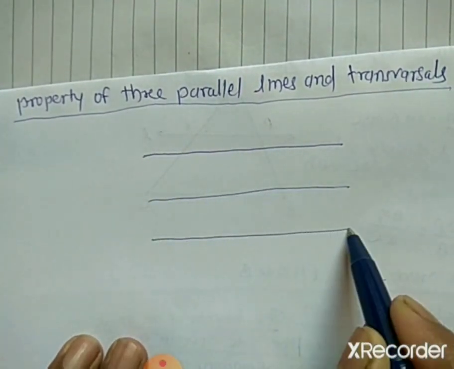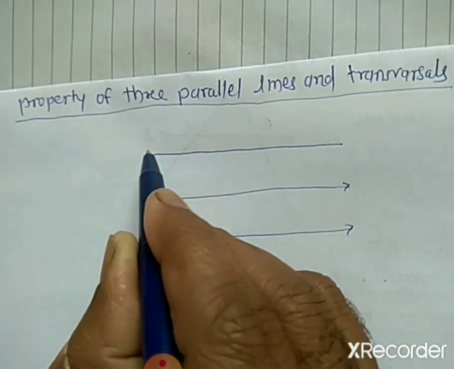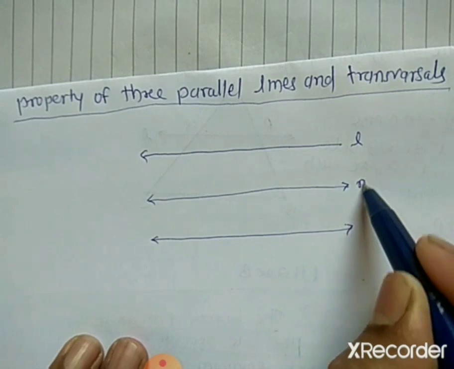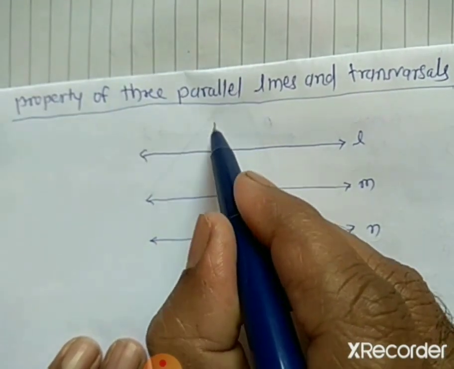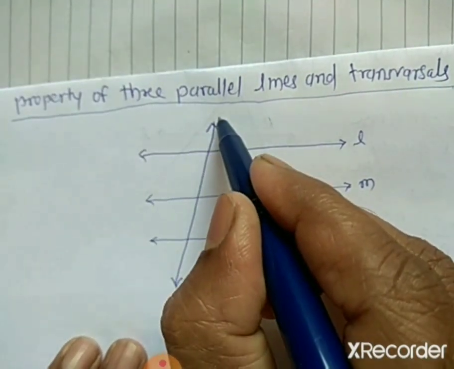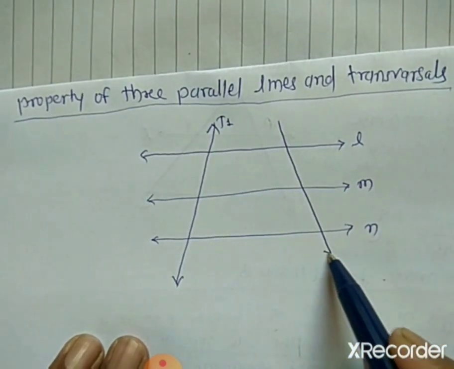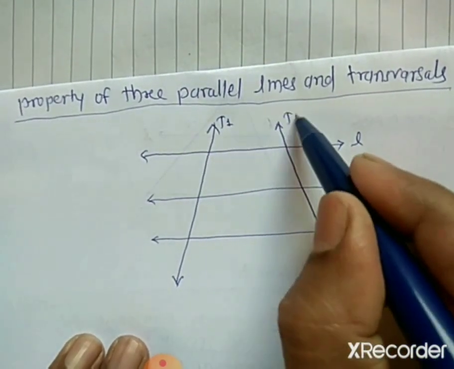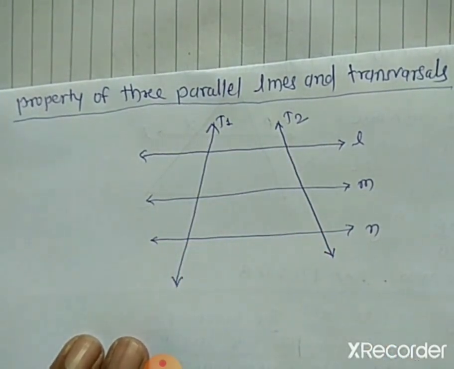Let us see, these are the three parallel lines L, M, N, and there are two transversals of these parallel lines. Let us suppose this is transversal T1 and this is transversal T2. T1 and T2 are the transversals.